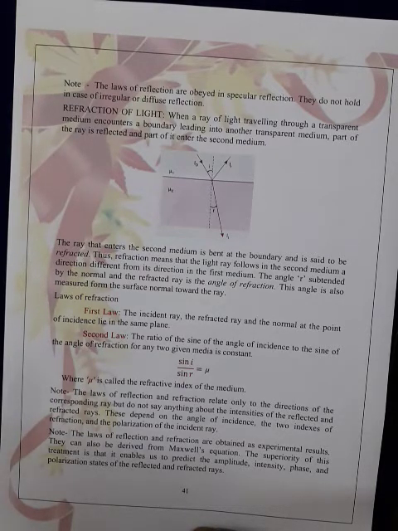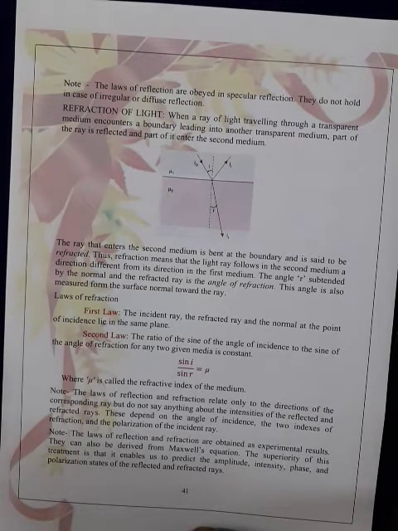Reflection means the light is coming from the first medium, and after reflection, the light passes through the same medium. When we say refraction, the light enters from one medium and passes through a second medium. Here we have to consider two different refractive indices.